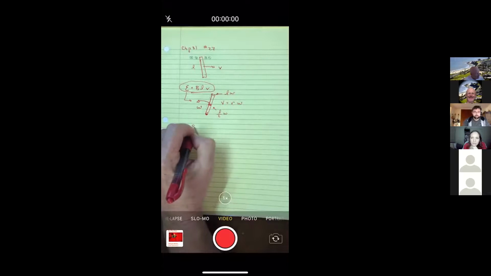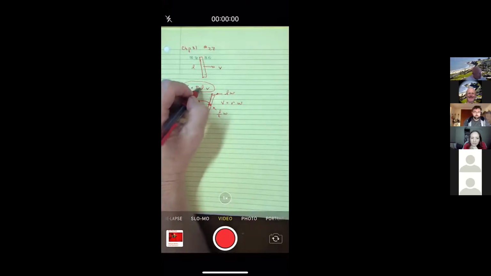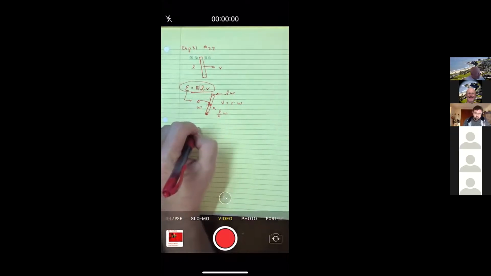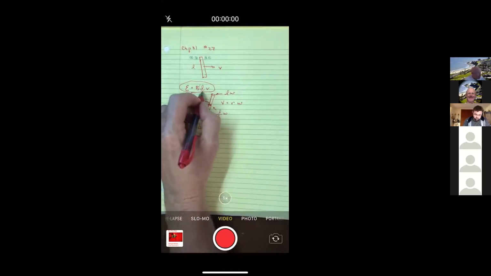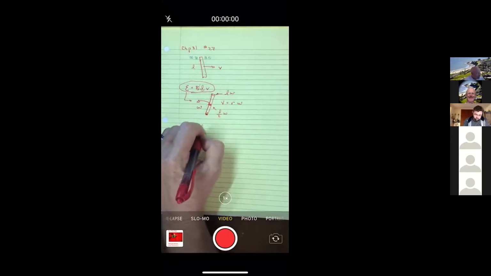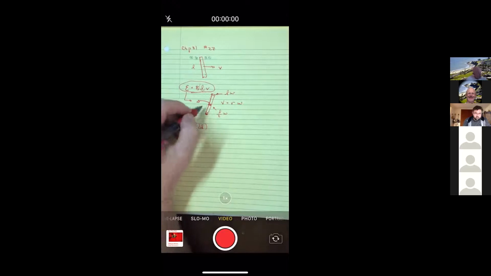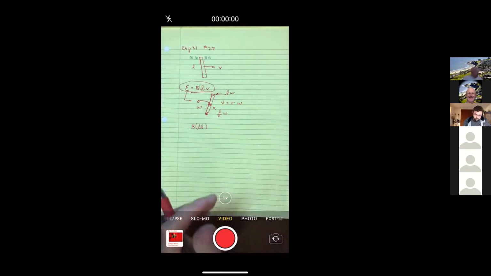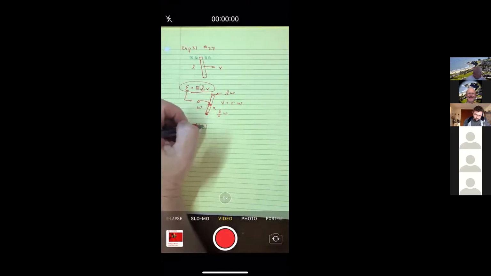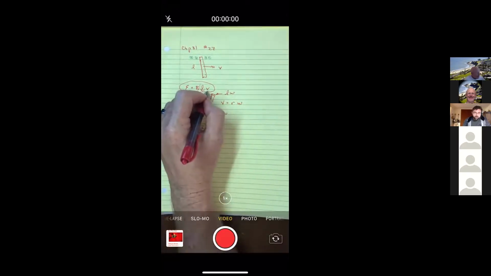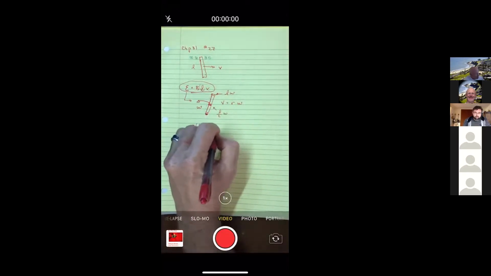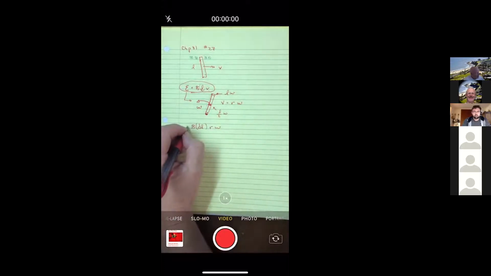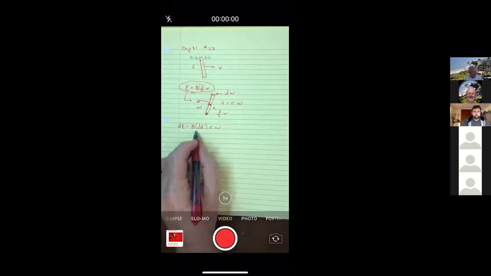So let me call this B. And instead of calling it L, let me call it a dl, because I just want to take a little length of it. So not the length of the whole rod, but just a little length. And then the velocity would be r omega. And this would give me a little bit of voltage.